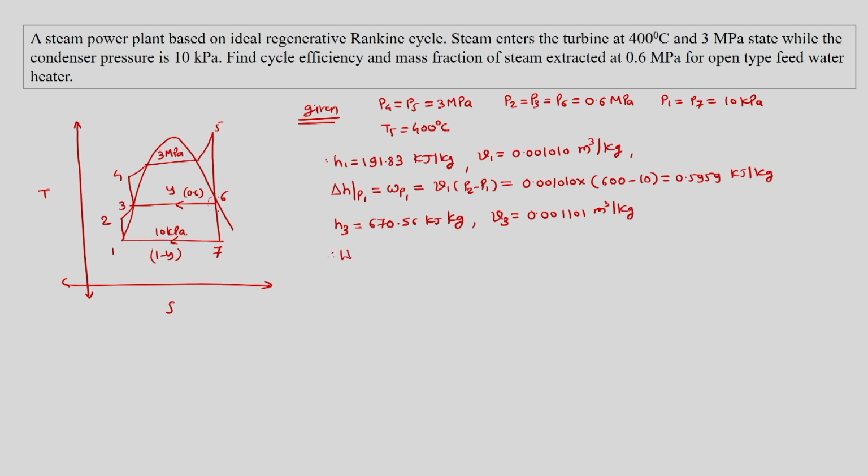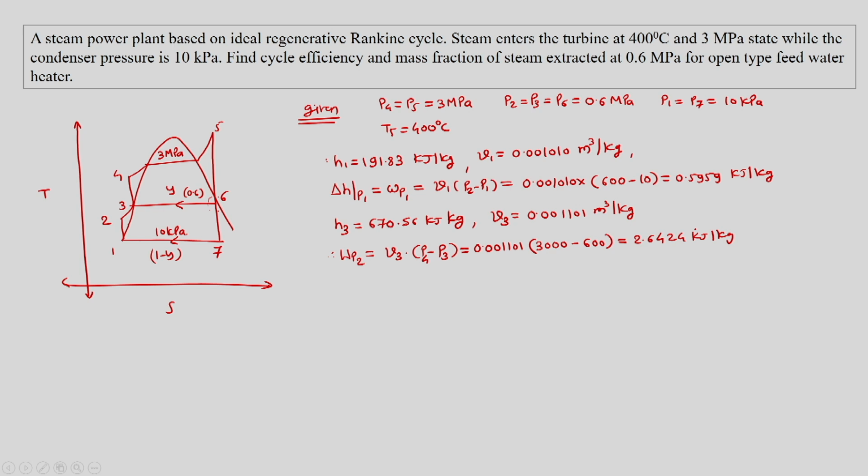So, we can find the second pump work WP2, which is also specific, but here we are handling the complete mass, which is 1 unit, and this is equal to nu 3 into P4 minus P3. So, it is 0.001101 into P4, which is 3000 kilopascal, minus 600 kilopascal. So, this gives us the second pump work as 2.6424 kilojoule per kg.